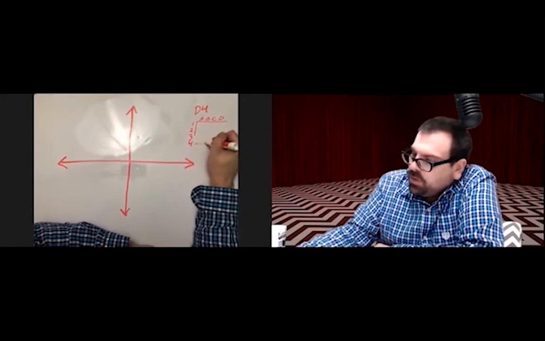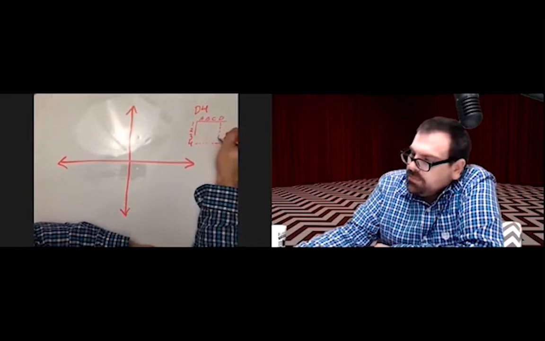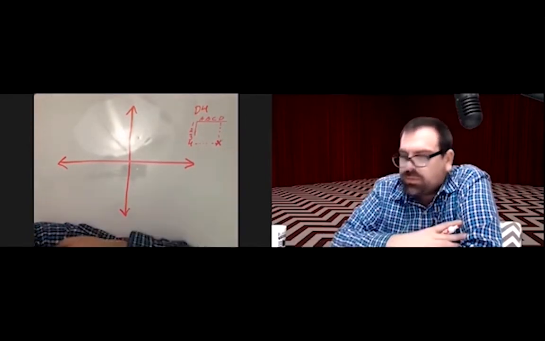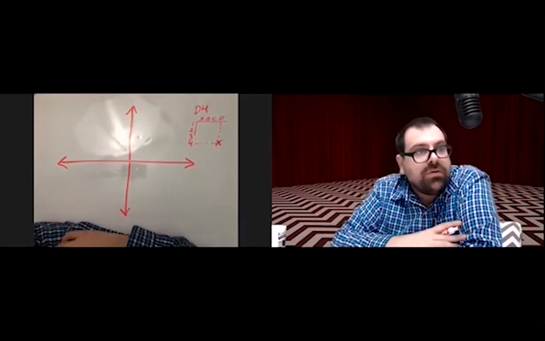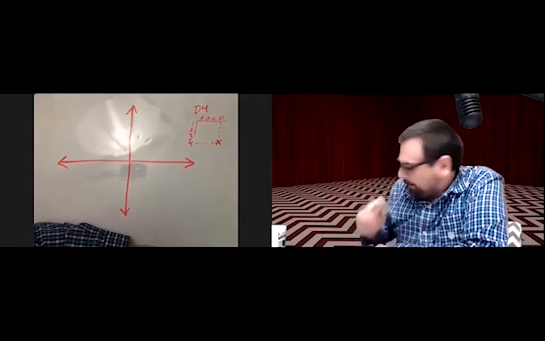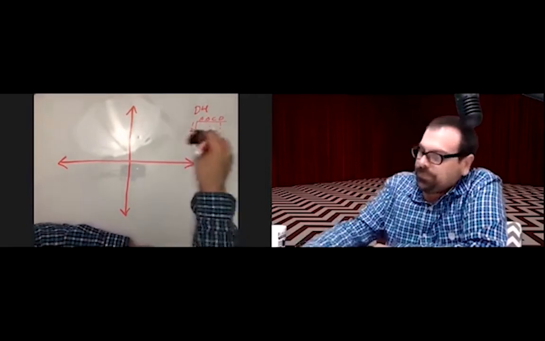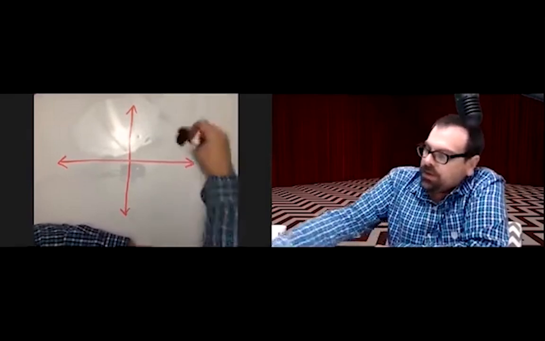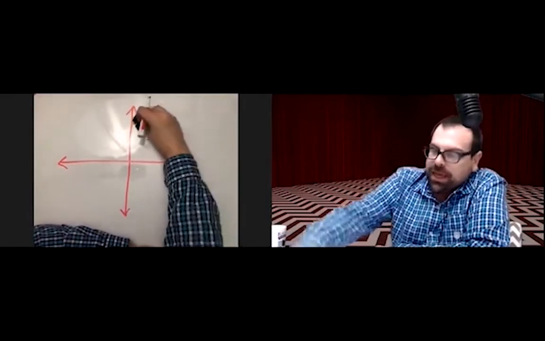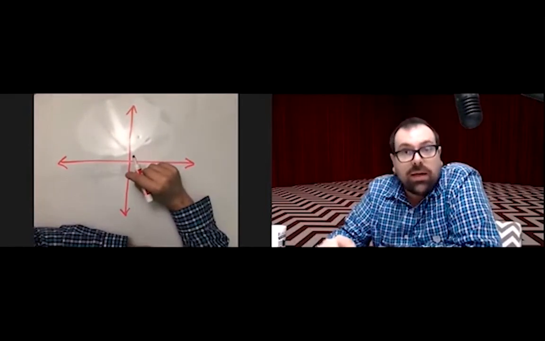And where the 4 and the D meet, that's where you would strike D4. A Cartesian plane, a rectangular coordinate system, works the same way.